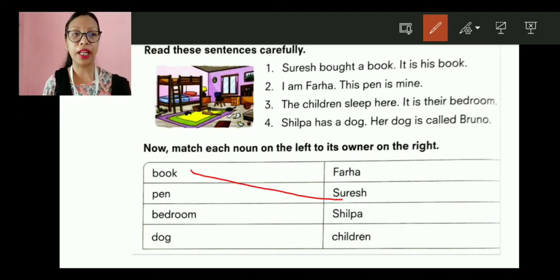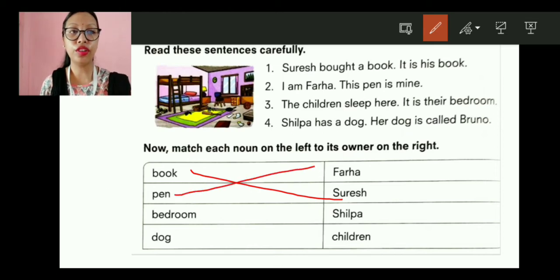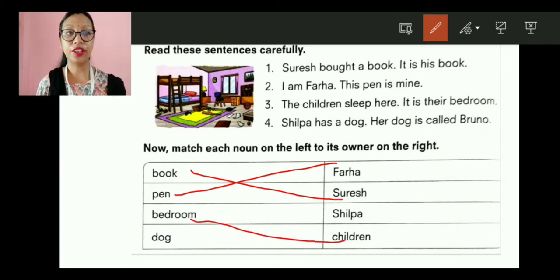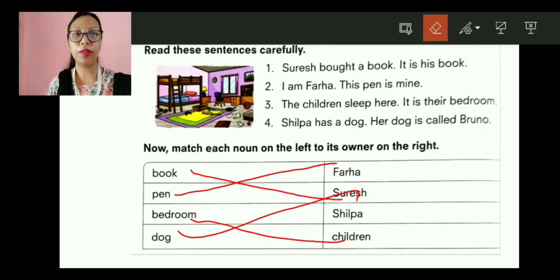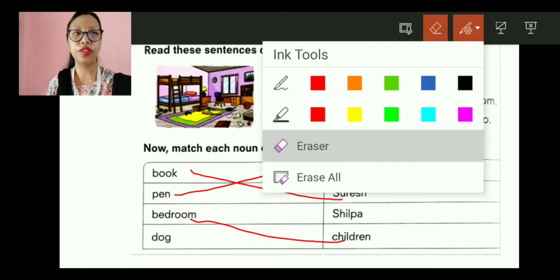Next we have the pen. The pen belongs to Farha. Then we have the bedroom. We know that the bedroom belongs to the children and the dog belongs to Shilpa. Okay. So this is how you're going to do it.